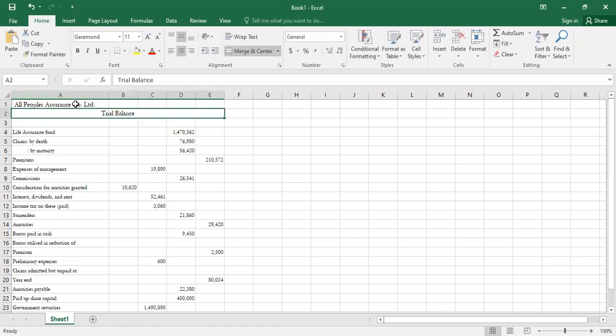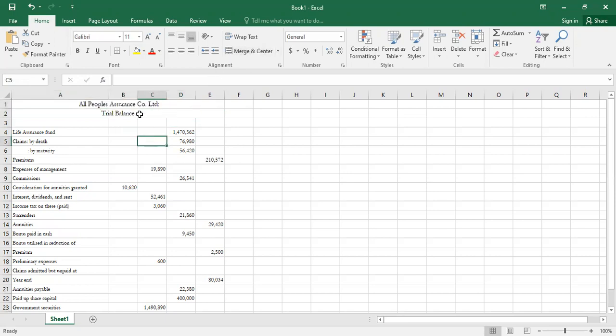Then I can center the line. Trial balance for the period ending, but my question doesn't have a period. So on this side, I'll have the account to be debited, DR, and then I have the account to be credited.